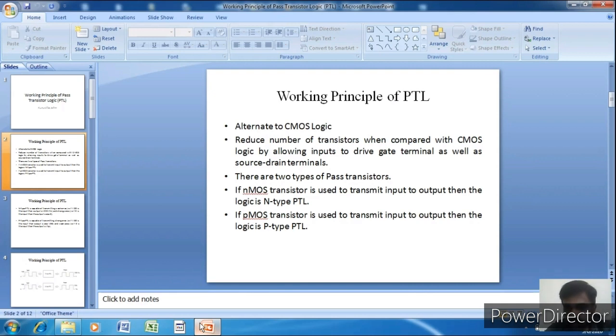So there is a reduced number of transistors in pass transistor logic when compared with the CMOS logic, allowing the input to drive the gate terminal as well as source or drain terminal. Inputs will drive the gate terminal as well as source or drain terminal of the MOSFETs.